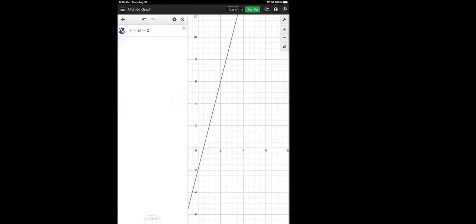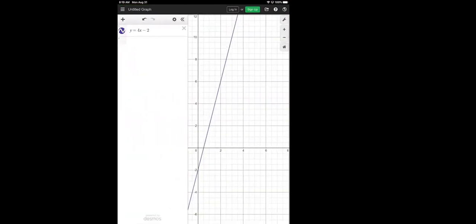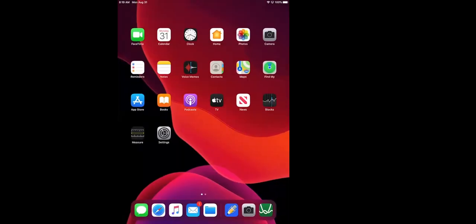Can I draw on this? No, I can't. I probably can. No, I don't know. But we're looking at the limit as x approaches 2. So I'm just going to draw it on Desmos.